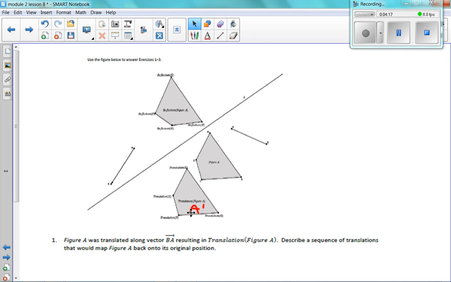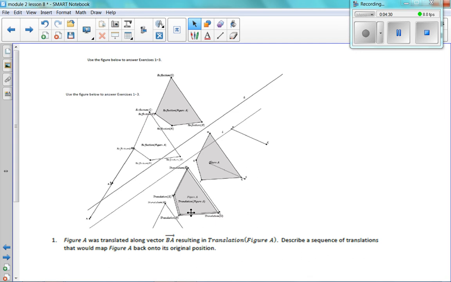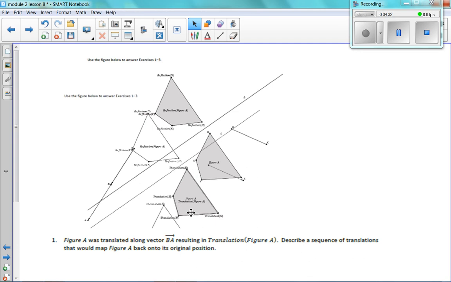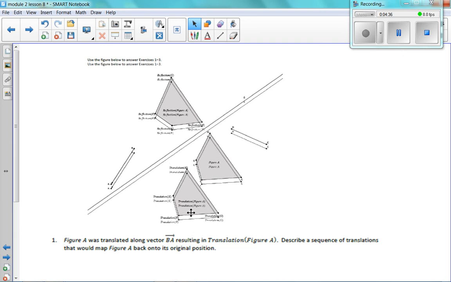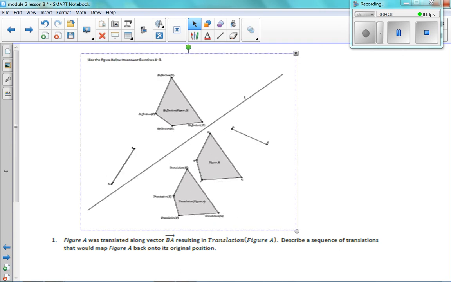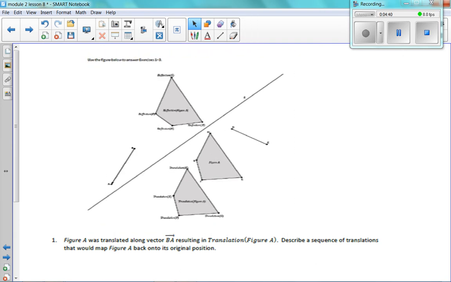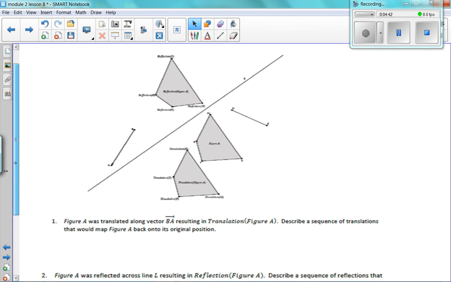So if we start with figure A and we translate it, we would have to translate it along vector VA. So we would follow the translation along VA and map it. And then we'd have to go back along the same vector, but in reverse. So we travel along vector AB this time. It's a subtle difference.